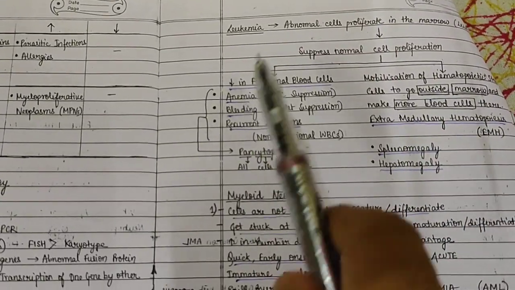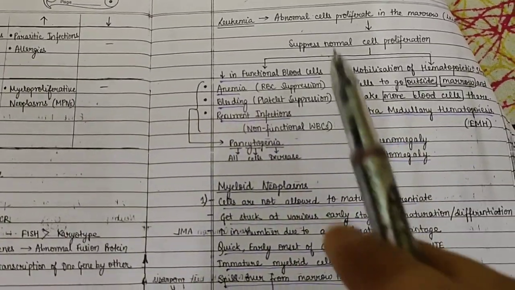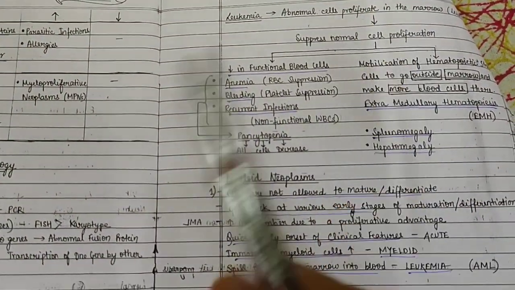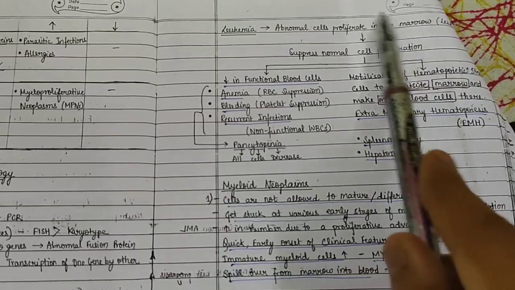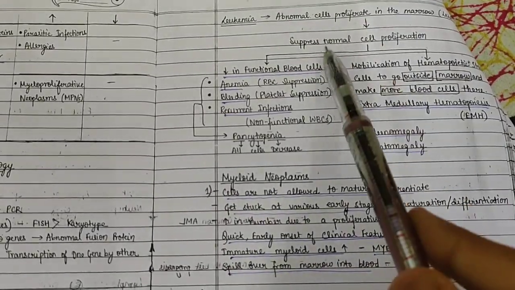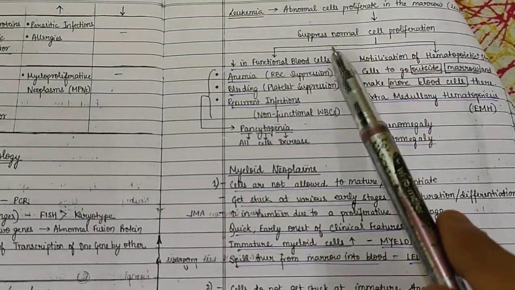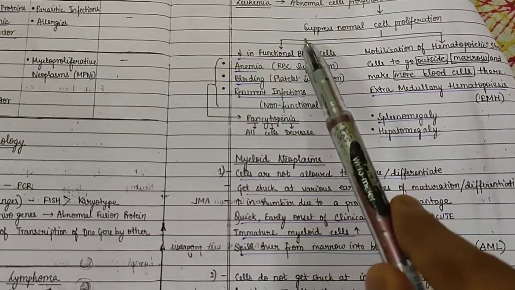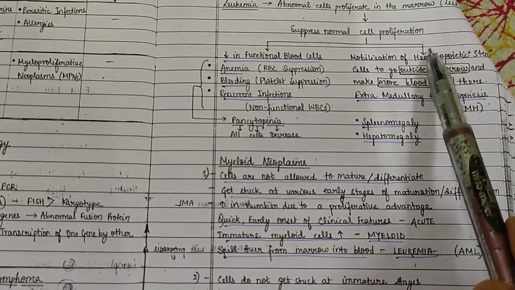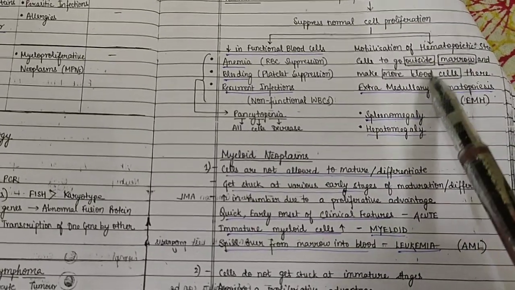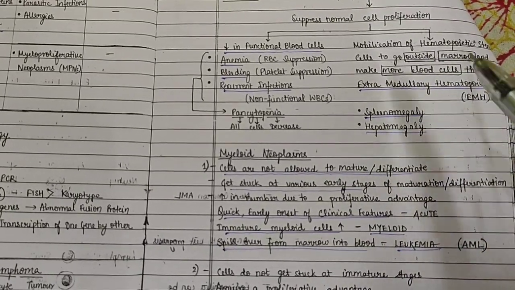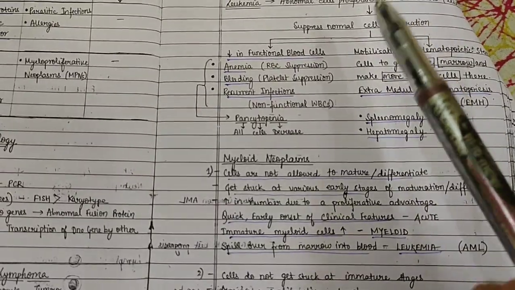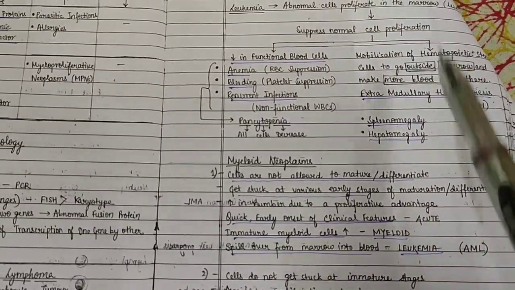Now when leukemia occurs, abnormal cells proliferate in bone marrow, so it will suppress normal cell proliferation. If normal cell proliferation gets suppressed, there will be a decrease in functional blood cells, and hematopoietic stem cells will be mobilized to go outside the marrow and make more blood cells there, because of the less space in the marrow.